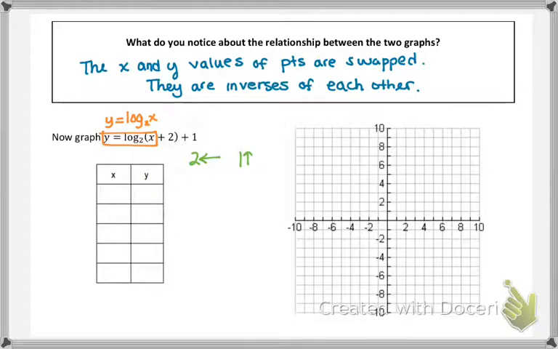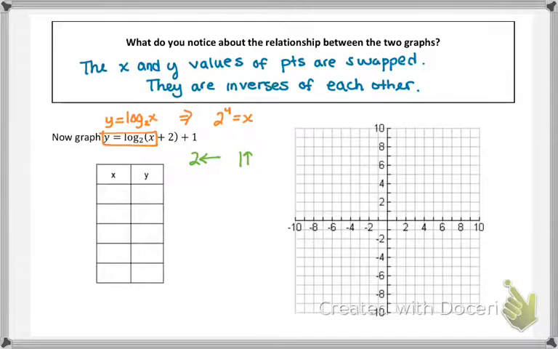And our parent function, y equals log base 2 of x, that was the same graph that we just made. So we can use the same parent table. And if you want, you could change it to exponential form to help you see it better: 2 to the y equals x.